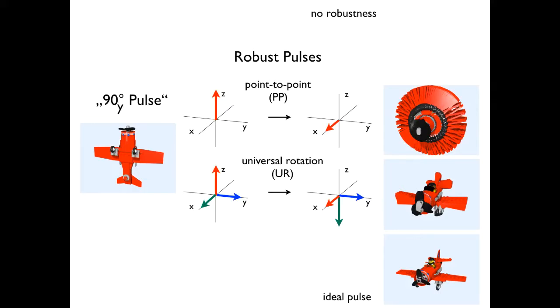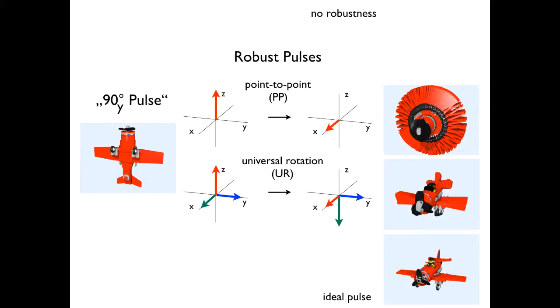One solution to go from z to x is to rotate around the y-axis. However, if you rotate around the vector between the z and the x-axis by 180 degrees, you also get to the x-axis, and there's actually an infinite number of solutions that bring you from z to x.